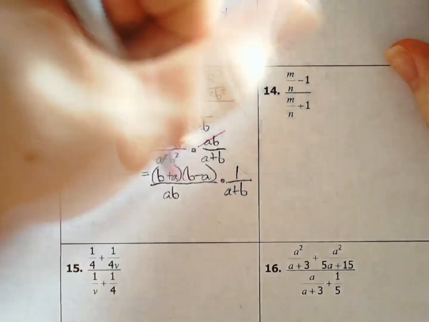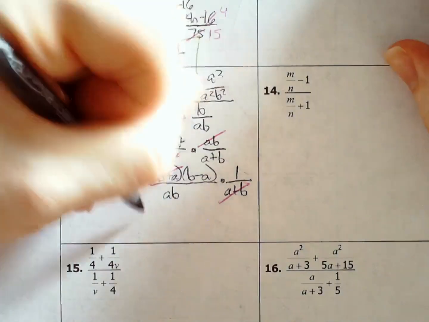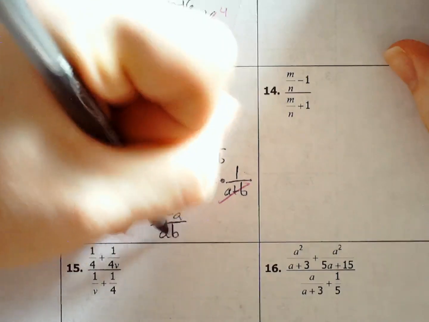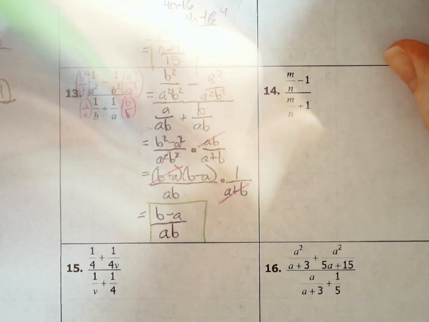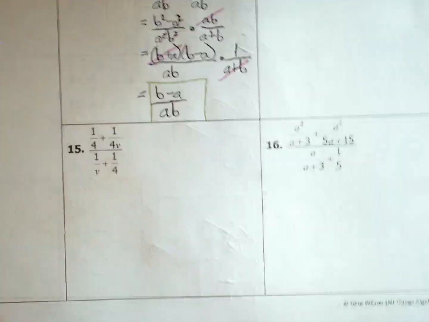A plus b is the same thing as b plus a, so I can cancel these. And so my final answer is just b minus a over ab. Ta-da! And we're done. Well, with that problem at least.